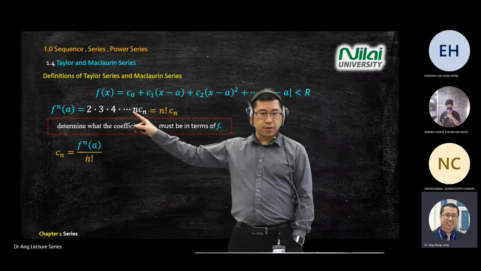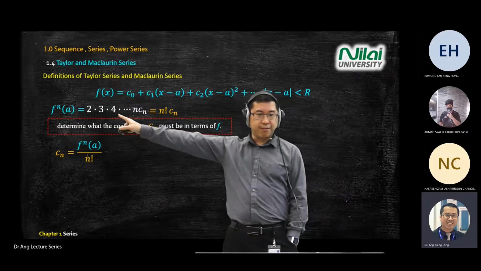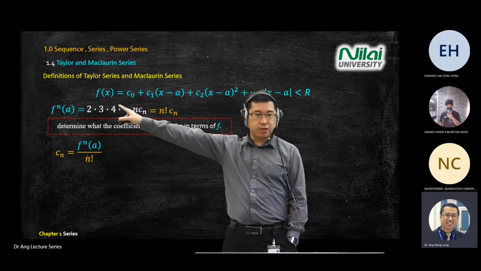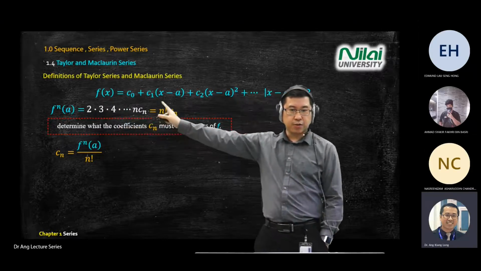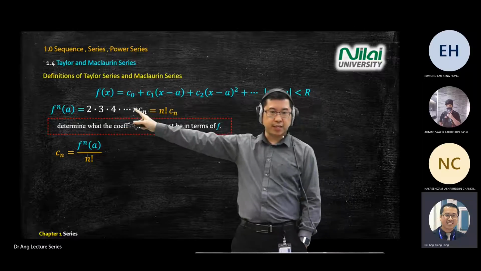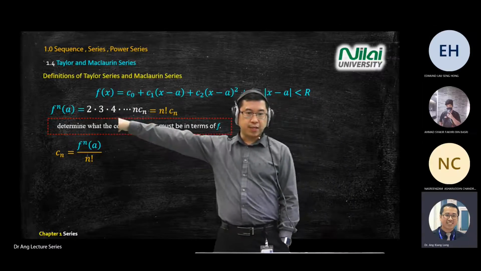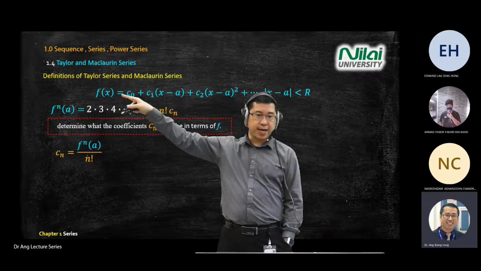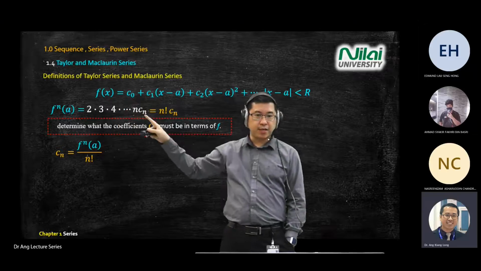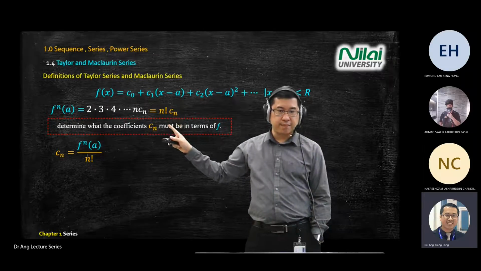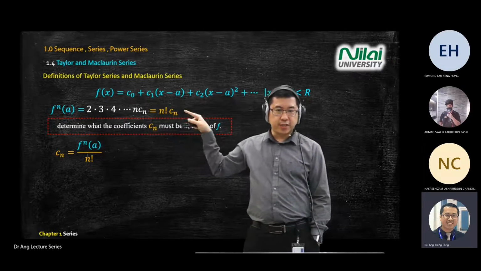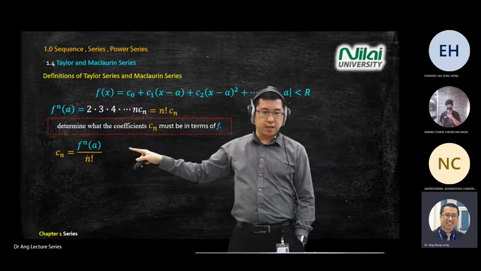So you can see at the far left, the blue f superscript n of a, because you substitute x equal to a inside here. We replace x with a in the equation, equal to n! Cn. So you rearrange this equation into this equation.